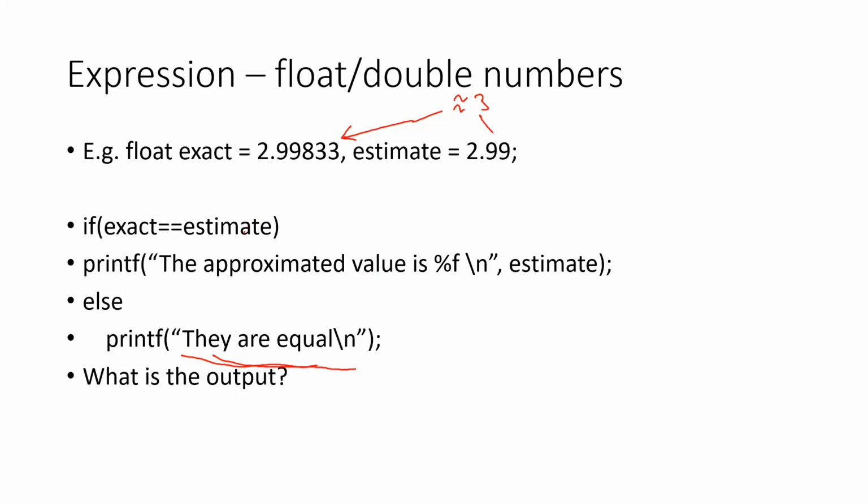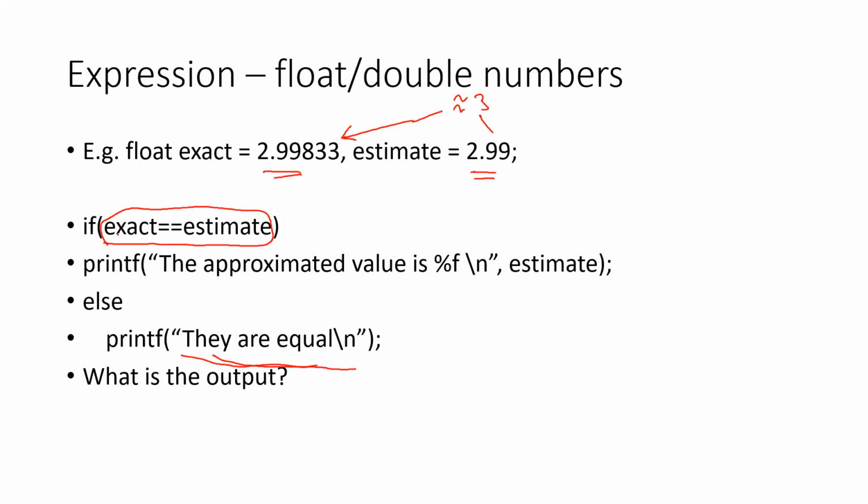So how can you change the statement so that you see this is almost equal? How can you change this condition right here? There's no way that the estimated value is exactly the same value when you calculate it using a calculator compared to your estimation.